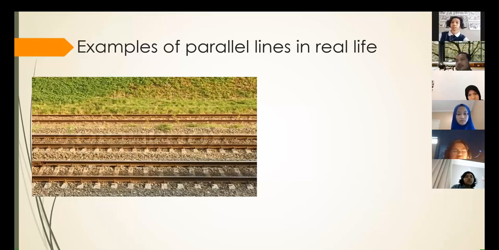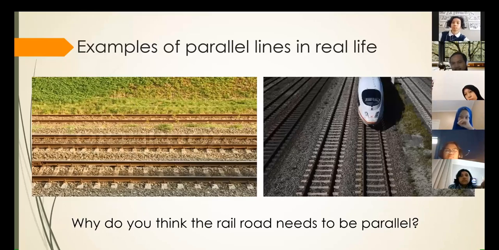Imagine what the train would do. Maybe it would crash, right? It's because they cannot meet. They should not meet at all. Nggak boleh ketemu sama sekali. Iya, nanti bahaya kalau misalnya agak paralel itu nggak bisa. Okay, the point is it's going to be dangerous, right?